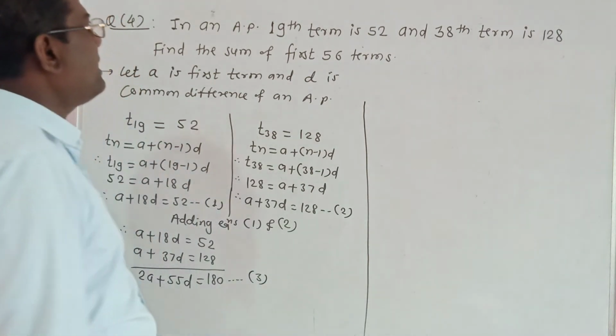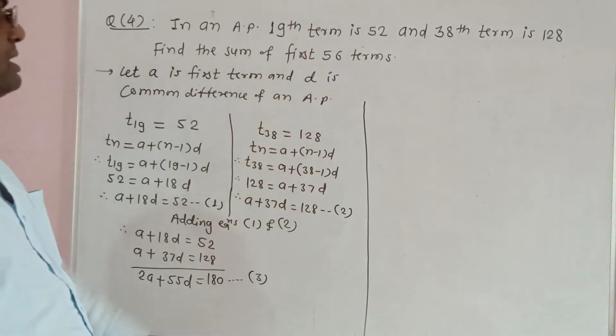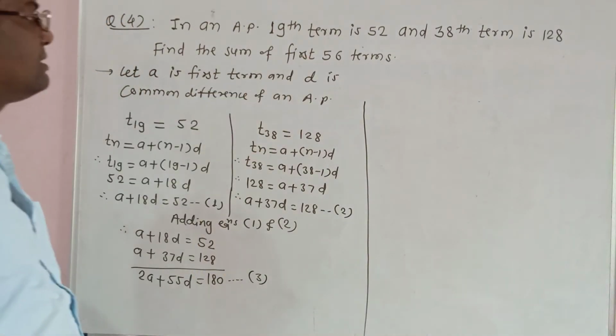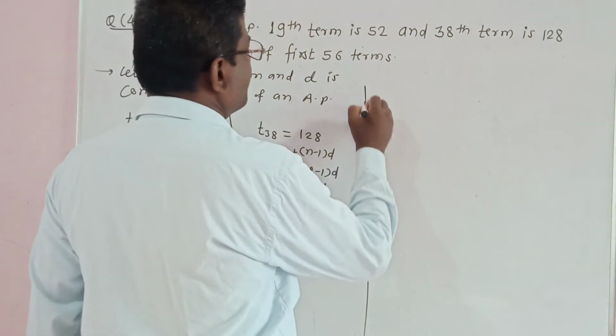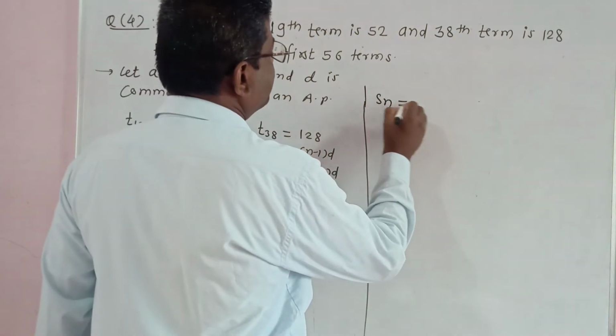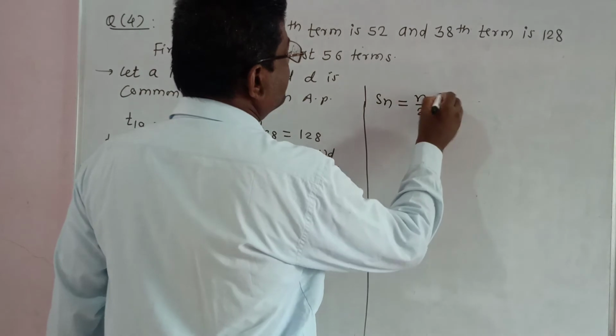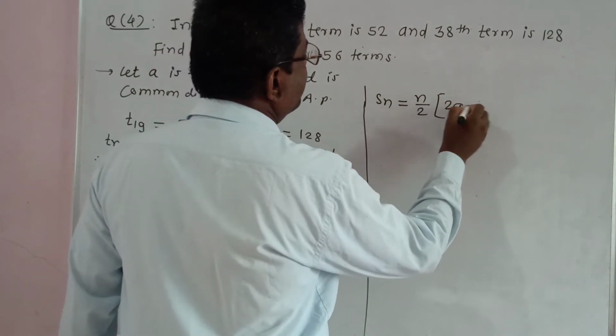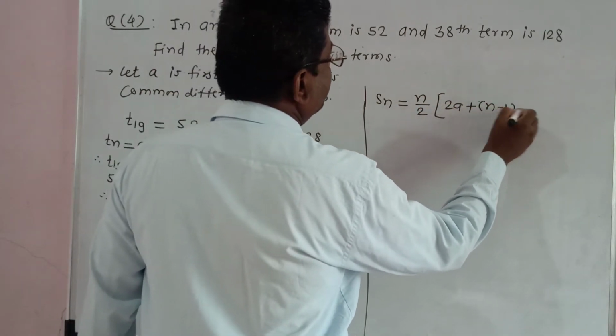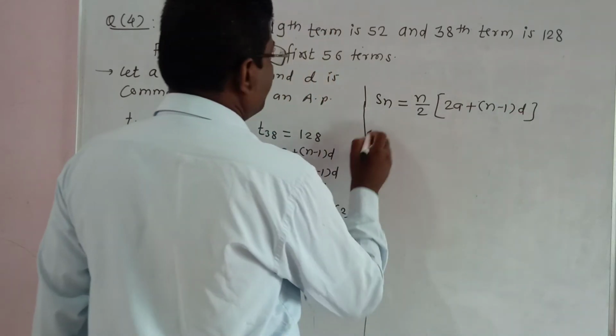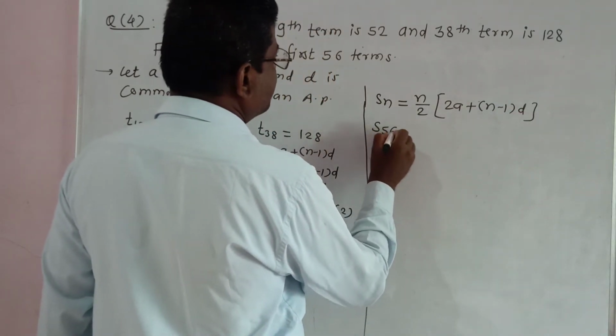Now we have to find the sum of the first 56 terms. Therefore, we write the formula Sn is equal to n upon 2 in bracket 2a plus n minus 1 into d. Now we have to find S56.